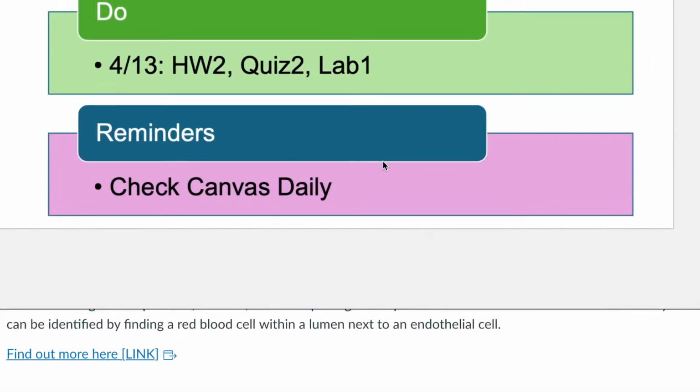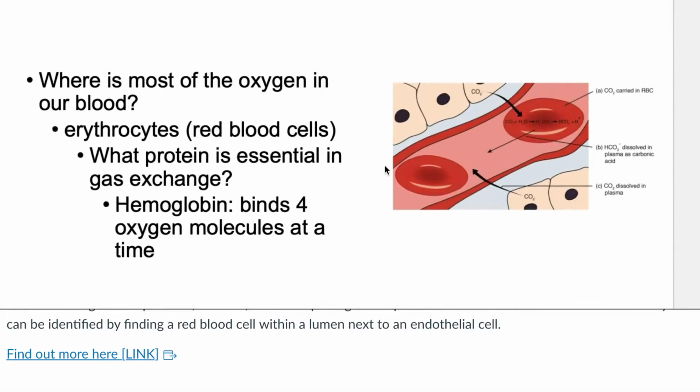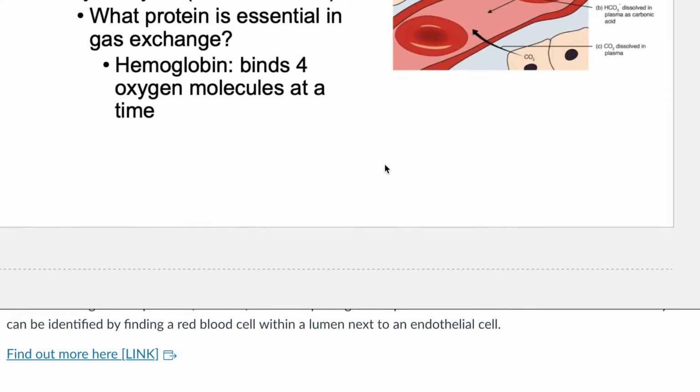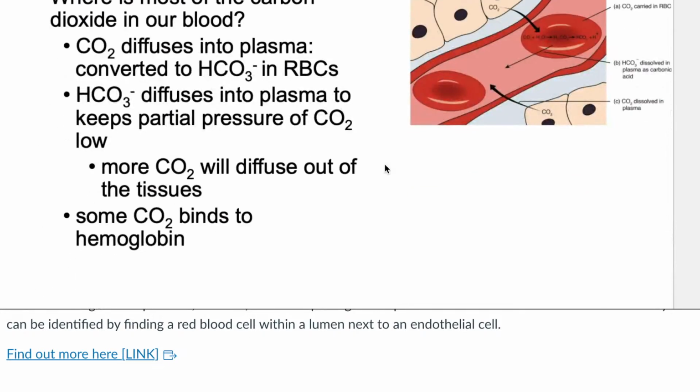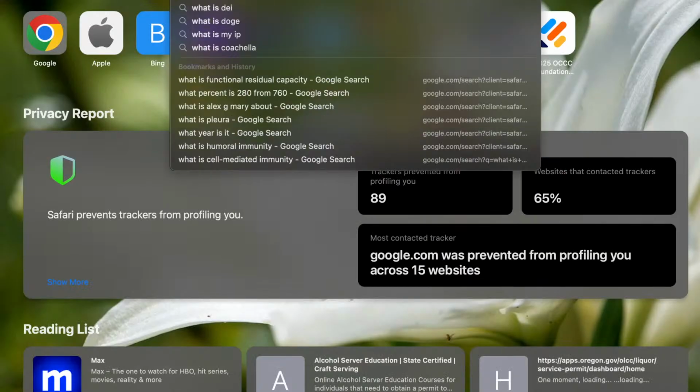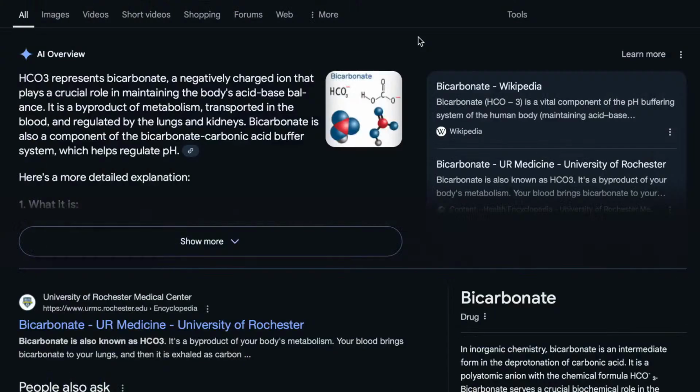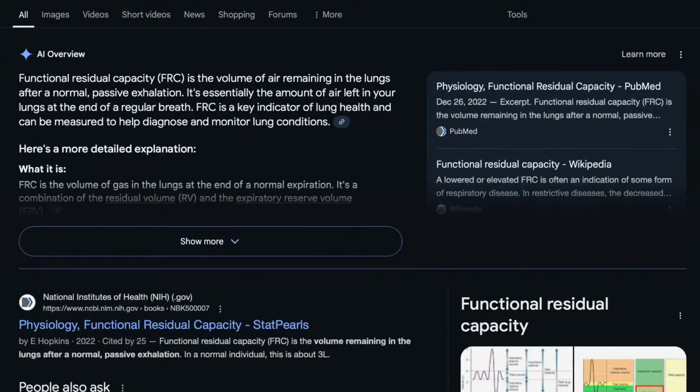Oh, okay. So this is the carbon dioxide part. Where is most of the oxygen in our blood? It's in erythrocytes. So yeah, hemoglobin binds 4 at a time. CO2 diffuses into plasma, where it is converted into bicarbonate.